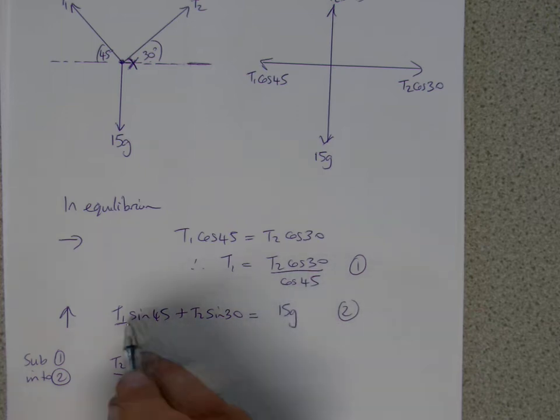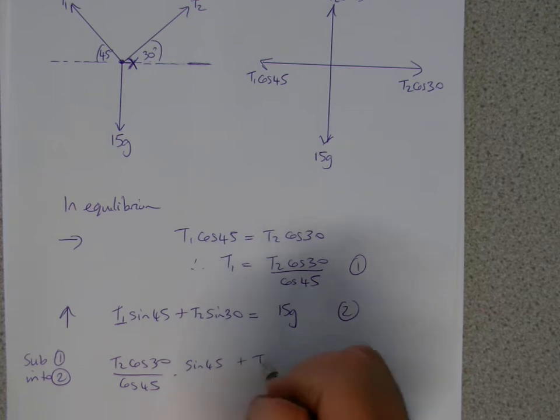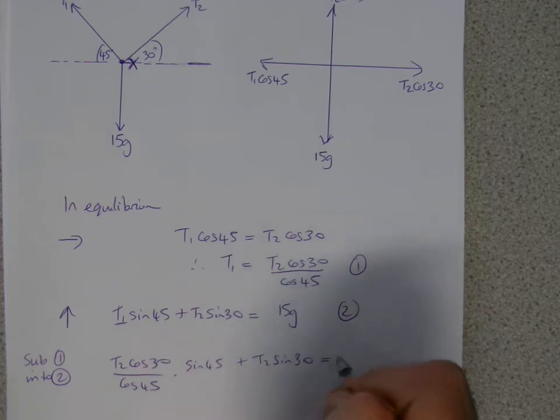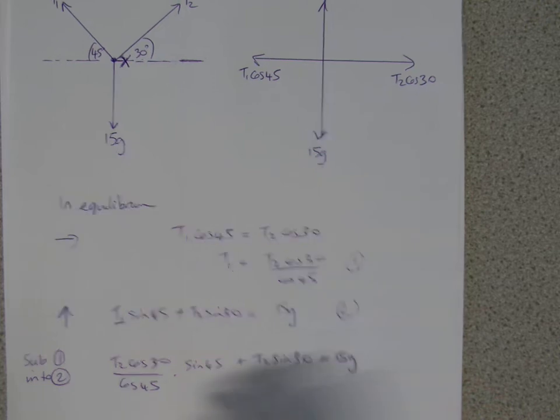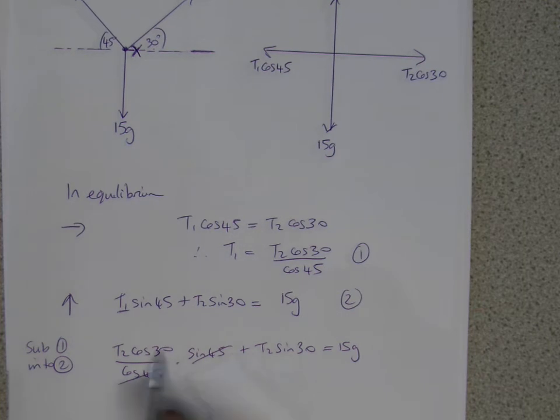But then you've got to times it by the sine 45, plus T2 sine 30 equals 15g. Now I know that sine 45 and cos 45 are the same, so they cancel each other out. You can check on your calculator if you want.